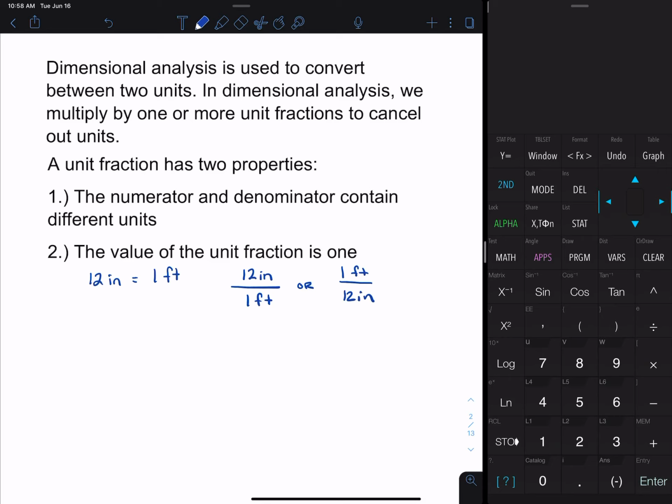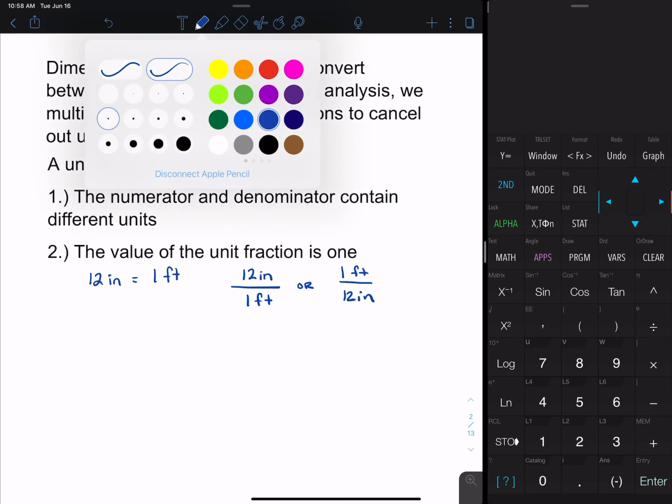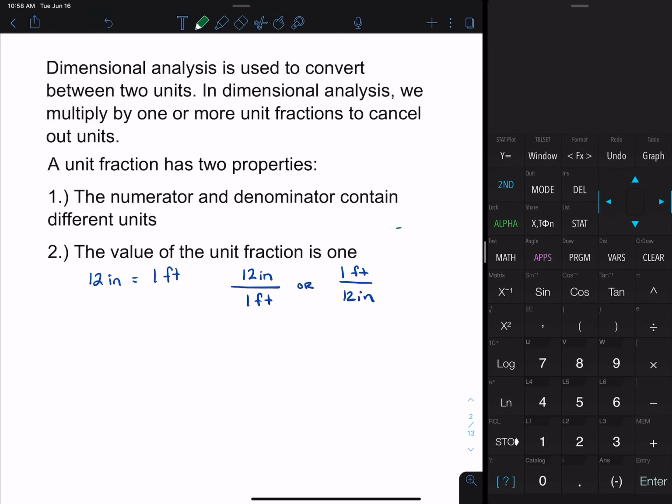The numerator and denominator contain different units, but the value of this unit fraction is still 1. Because remember, when we have a fraction like 7 over 7, when we divide anything by itself, it gives us 1. So 12 inches and 1 foot are the same thing. They're equivalent. So when we divide them by each other, they still give us 1.